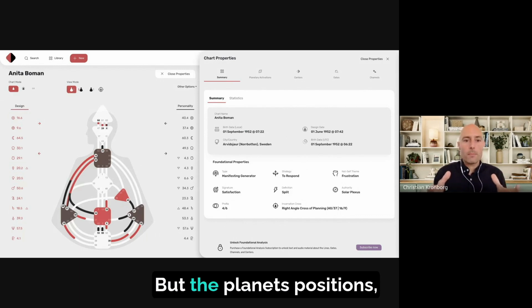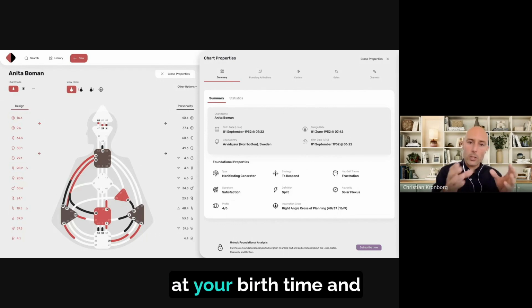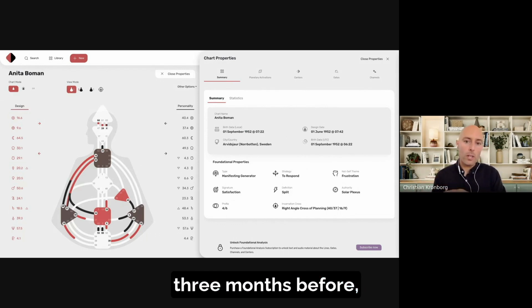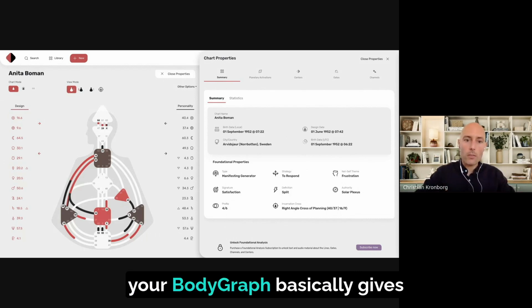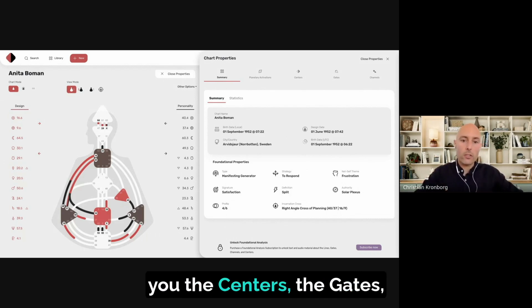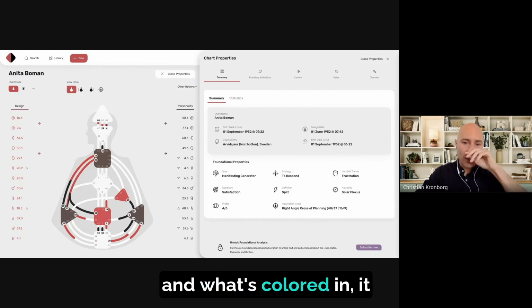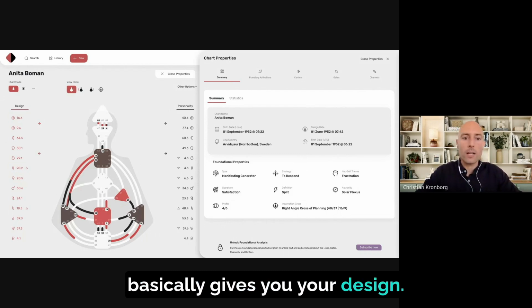But the planets' positions at your birth time and 3 months before define your design. Everything in your body graph, the centers, the gates, and what's colored in, basically gives you your design.